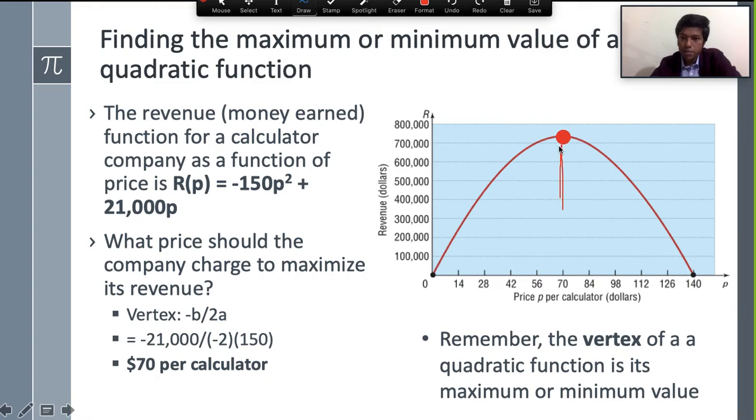If you use -b over 2a, you will get the x value, that is, where the vertex is. Then if we use it back in the function, we will get the y value, the maximum. In this case, revenue and price: the x value gives you the price, and the y value gives you the revenue.